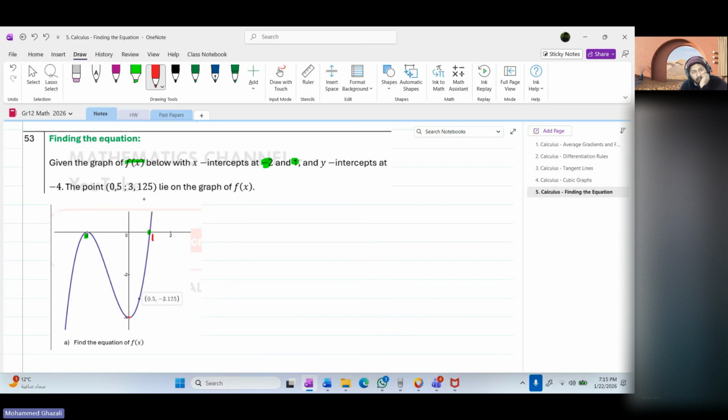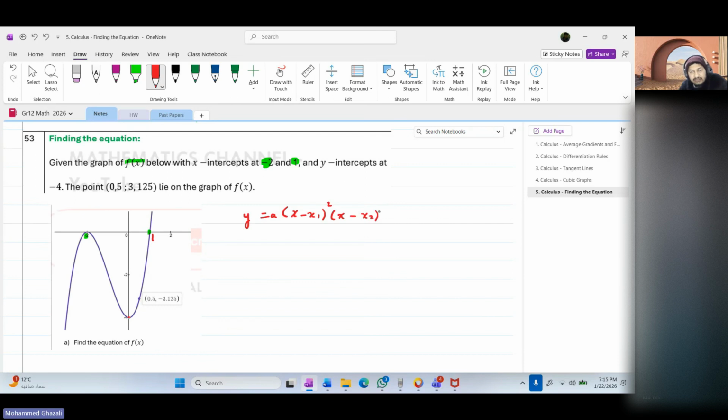We didn't even need this point over here to find the equation of f of x, right? So I'm just going to use -2 and 1 and -4 here to find the f of x equation. So we're going to say y equals a into x minus x1, x minus x2. x1 is twice because the turning point is on the x-axis.